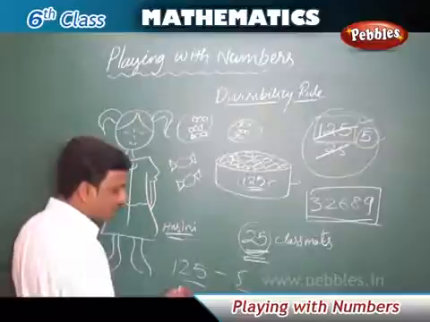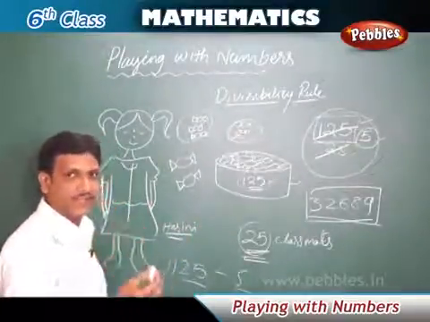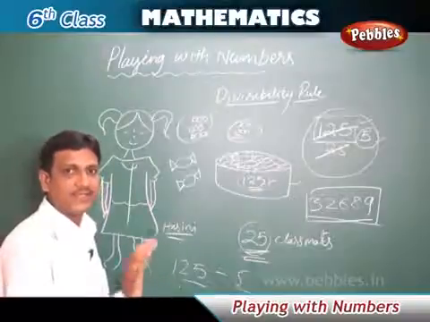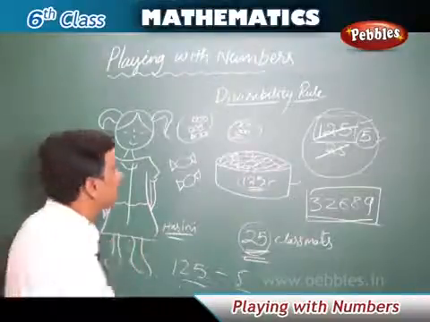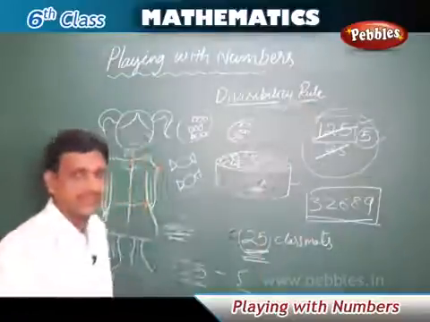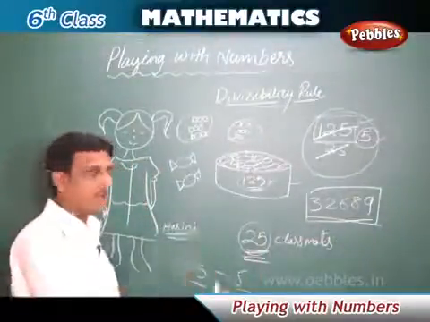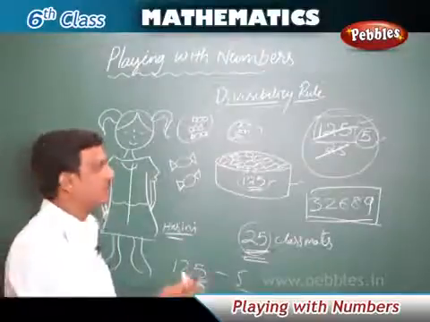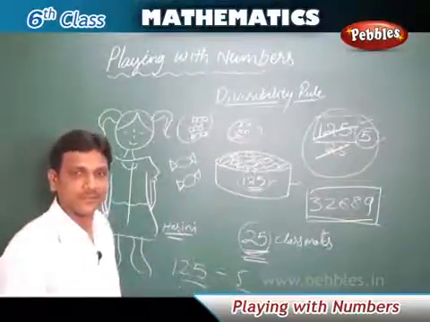Without doing the division, by using a divisibility rule, we will be able to find out whether it will be completely divisible or not. So that is the use of divisibility rule. So what is the benefit? Instead of doing the whole division process, we can easily find out whether the division will be complete or not.